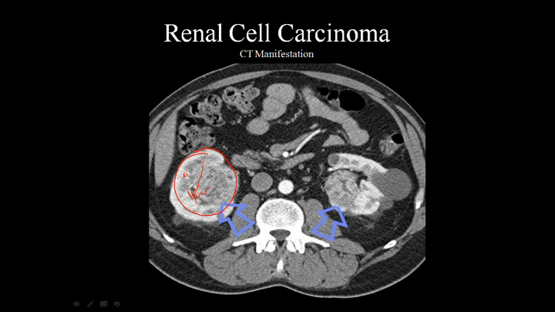And so this is bilateral renal cell carcinoma, requiring probably, honestly, who really knows how this would bear out. You would take the worst one out and leave the other one in. So it would require a very radical procedure. So this is a very poor prognosis for the patient. But this is typically what you're looking for where the blue arrows are pointing.